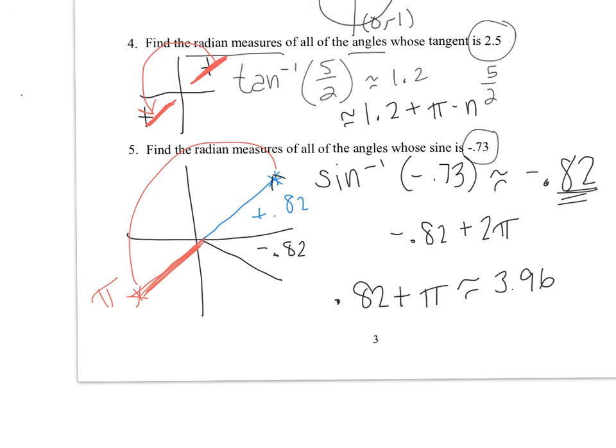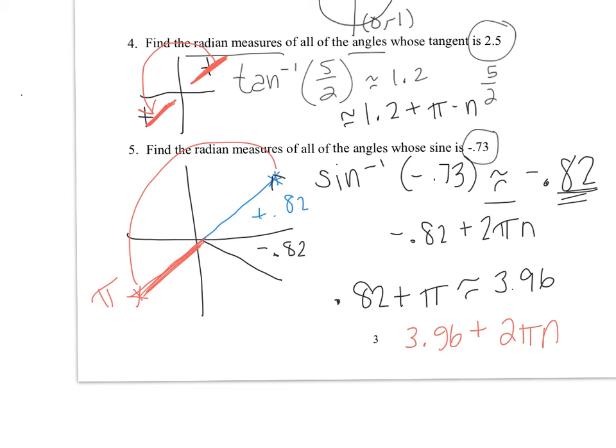So this is 3.96 radians over here. From here to here is 3.96 because it's 0.82 plus pi. So the other angles whose sine is negative 0.73 are 3.96 plus 2 pi n. Oops, I forgot to put an n right here.